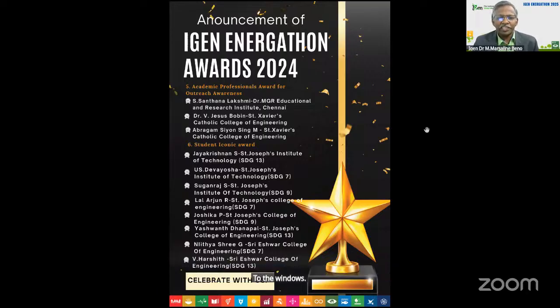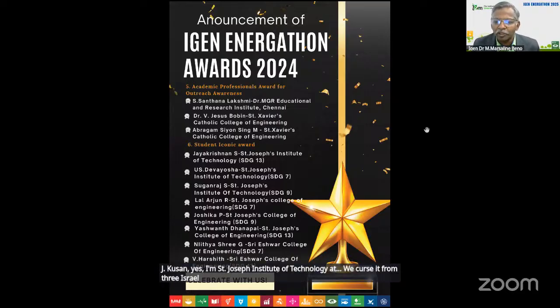Then the last category, Student Iconic Awards, for student champions in SDG 5, 7, 9, 12 and 13. For SDG 13, J. Krishnan from St. Joseph Institute of Technology, and B. Harshit from Sri Iswar College of Engineering, Coimbatore.